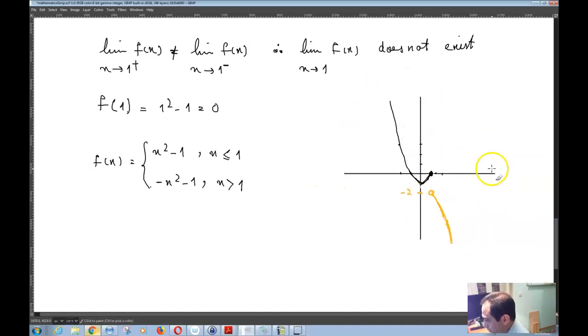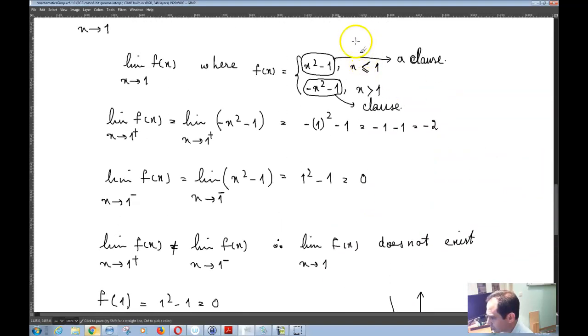These are interesting functions, and they are used in different situations. For example, in physics, there are some situations where you need to use, I think they are called piecewise functions or something like that.